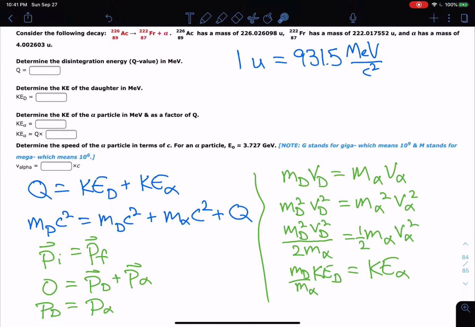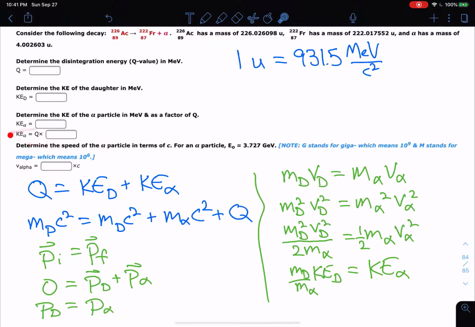So here we go. I've got this relationship, which combined with this will allow me to figure out the kinetic energy of the daughter. And that's because, of course, I already figured out Q at this point. So these two in conjunction, two equations, two unknowns, I can figure out the kinetic energy of the daughter. Once you know that, it's pretty straightforward to get the kinetic energy of the alpha particle.